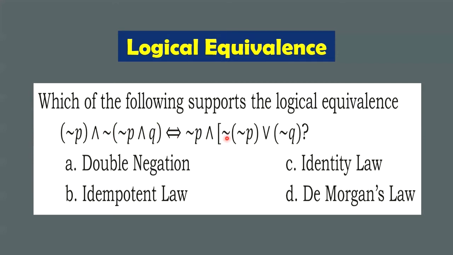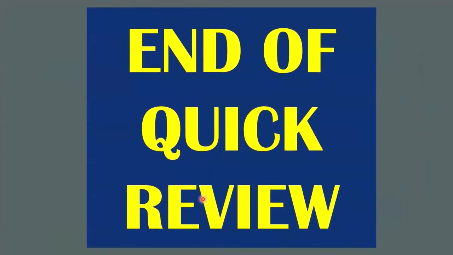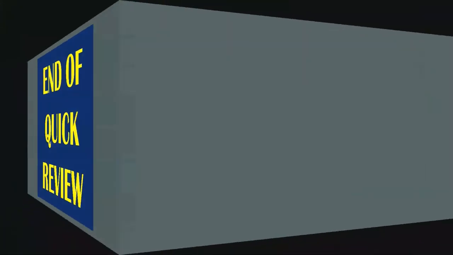So that's why we have not P, and then itong and na to, magiging or. Tapos itong negation na to, i-distribute ko din sa Q. That's why I have not Q. So, the law supporting this logical equivalence is De Morgan's law. Yun yung nagdi-distribute tayo ng negative or negation. So, this is the end of our review.